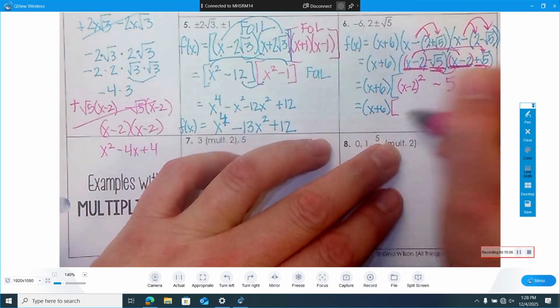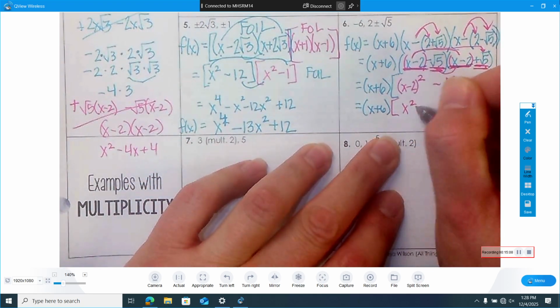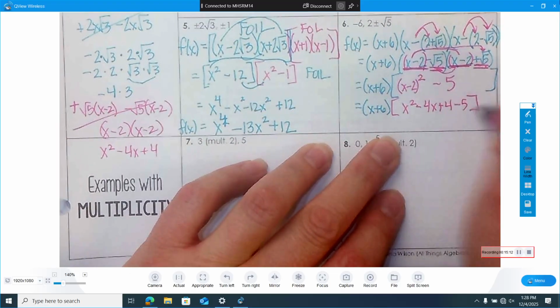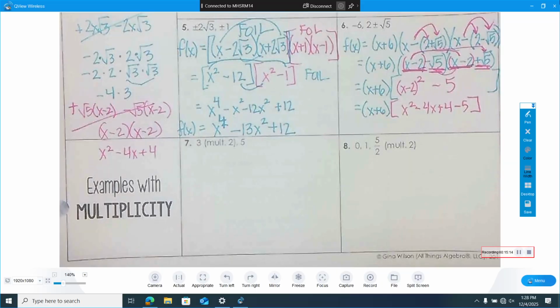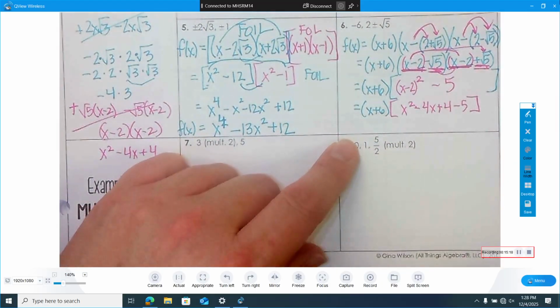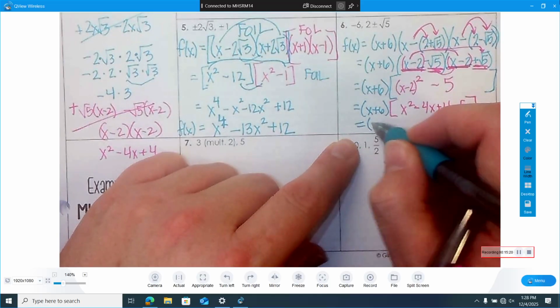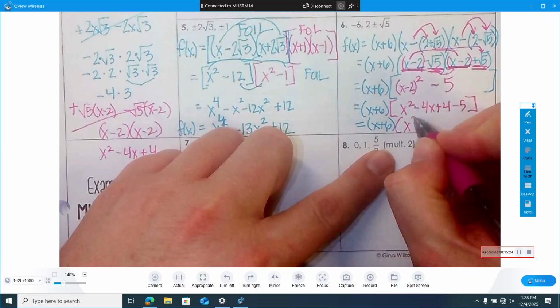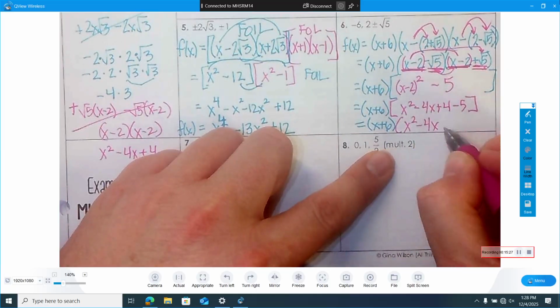And then on my pink here, I have x squared minus 4x plus the 4 and minus 5. Negative 1. Yeah? Okay. So x plus 6, and then this becomes x squared minus 4x, plus 4 minus 5 is negative 1.